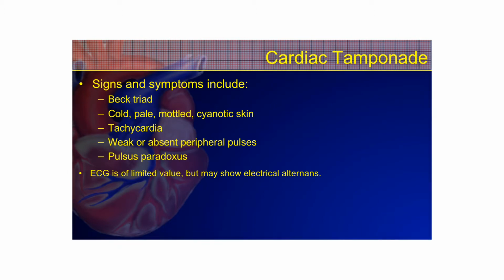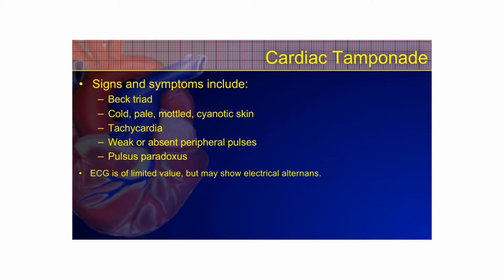Cardiac tamponade actually produces a classic trio or triad, if you will. It's known as Beck's triad, and it is JVD, hypotension, and muffled heart sounds. Now, muffled heart sounds aren't that common. They're present in fewer than half of all the patients that have cardiac tamponade. But Beck's triad is JVD, hypotension, muffled heart sounds. And you can kind of get an idea of why you get those things.